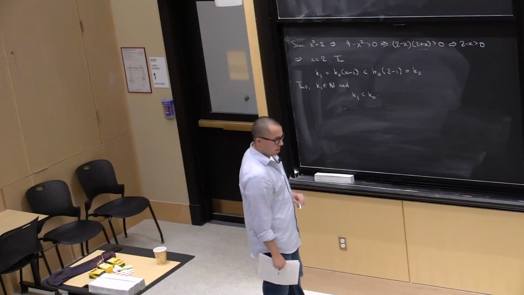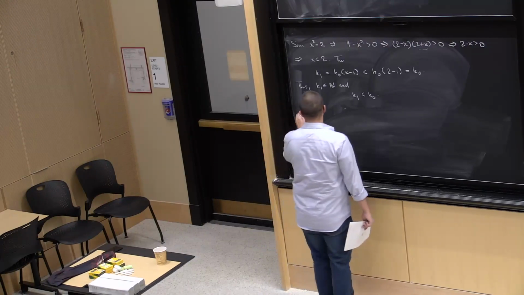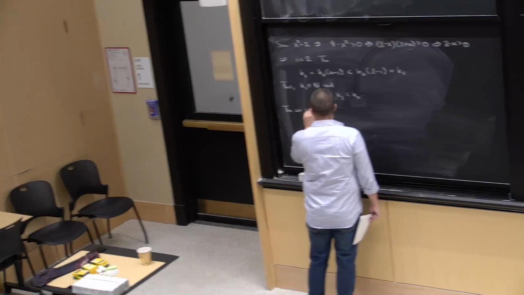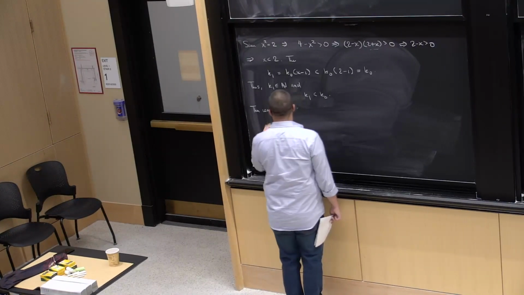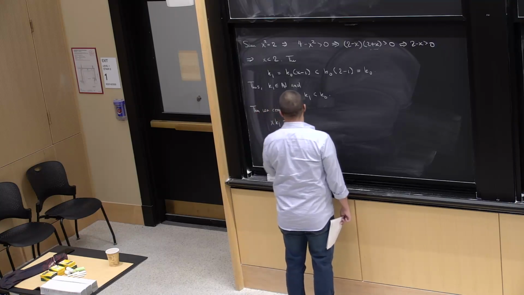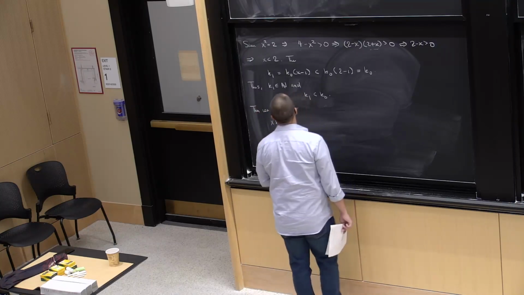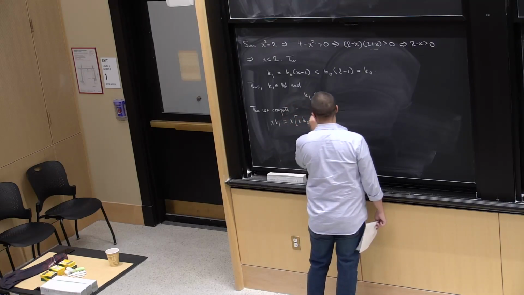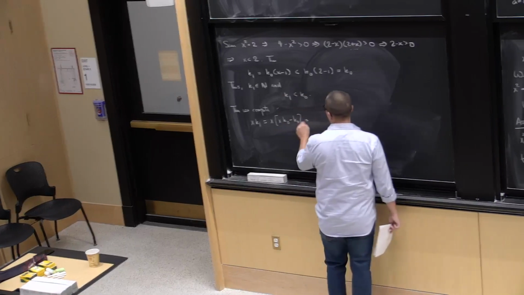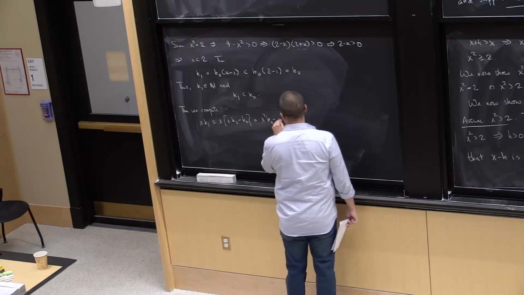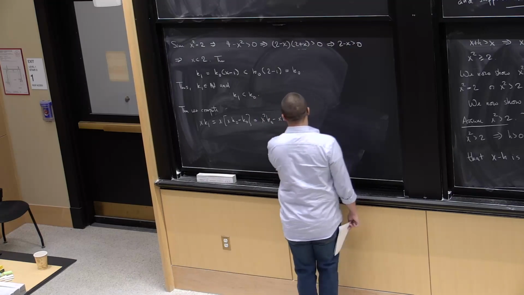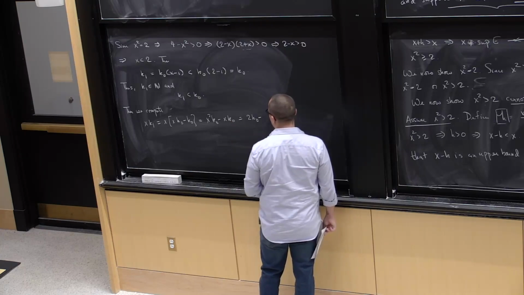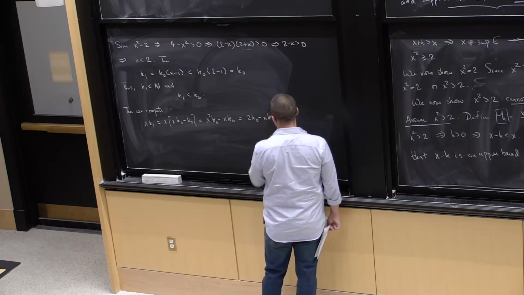But here comes the fun part. If we compute what x times K1 is, this is by definition x times K0 x minus K0, which is x squared K0 minus x times K0.